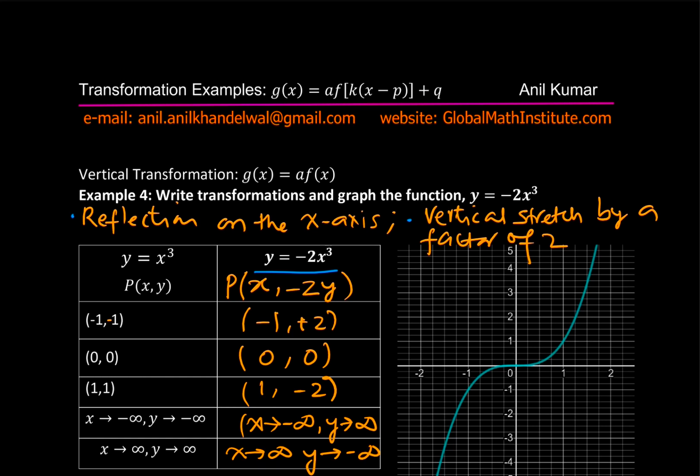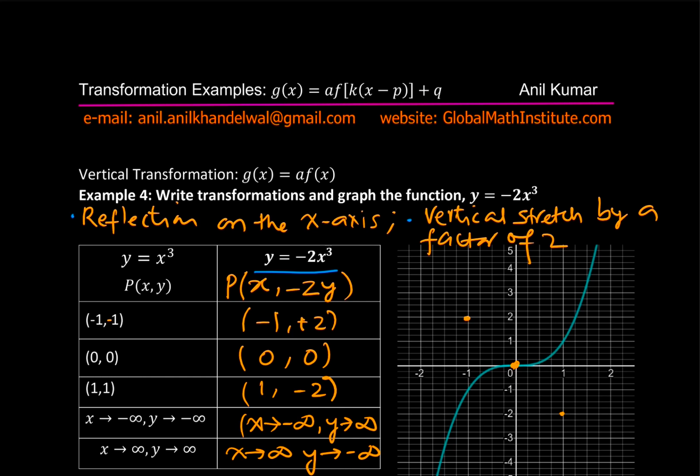So this results in the opposite behavior. So the point which was here will now get to minus 1, plus 2. So this point will go to this point and 0 remains at 0. The point which was at 1, 1 will now be at 1, minus 2. Now joining these points and the end behavior we know about, we get our graph.